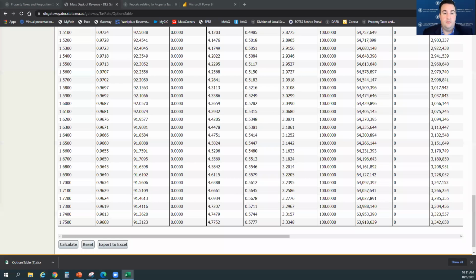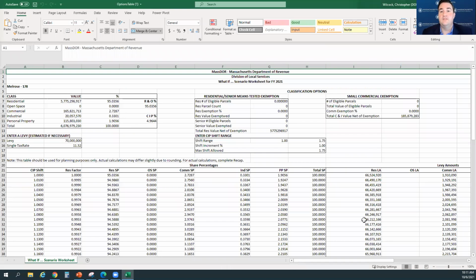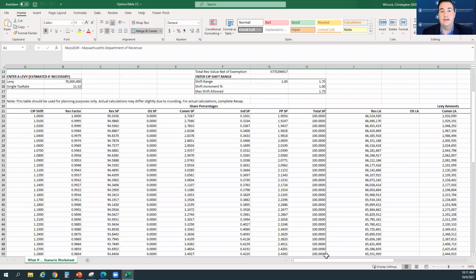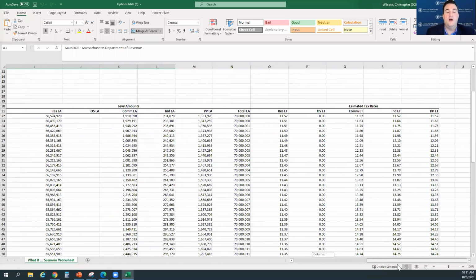So when we're talking about actually mining data, if you have a system that you want to use, whether it's Excel, whether you're doing it by hand or using a dashboard system, what you can do based on all the options table data entry is to create a tax rate based on the levy that you put in and based on your numbers from your LA4.